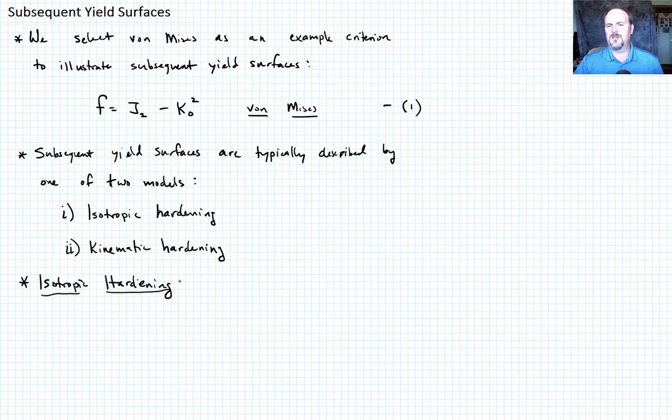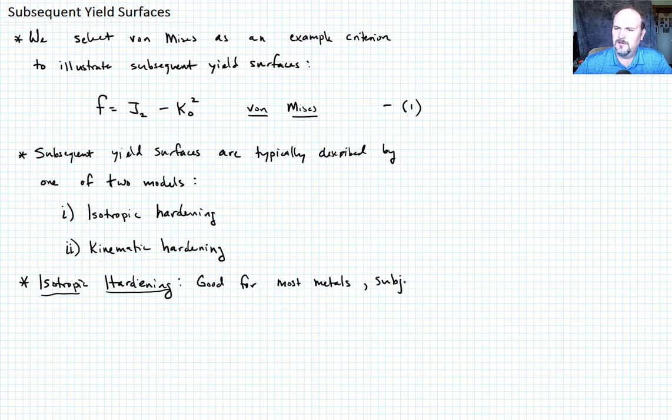Let's talk about what this is typically used for. It's actually often used for most metals, and it's not a bad approximation, that are going to be subject to monotonic loading and small plastic strains. So let's just say it's good for most metals subject to monotonic loading.